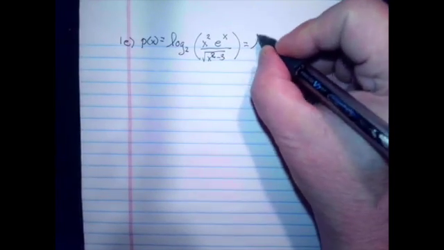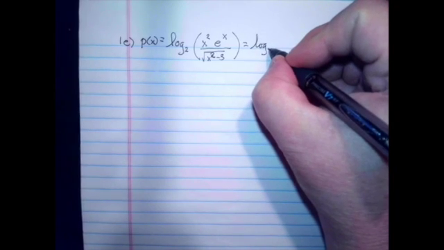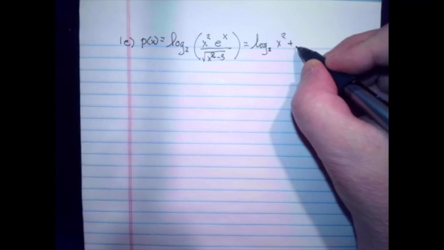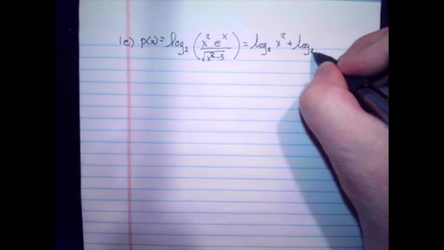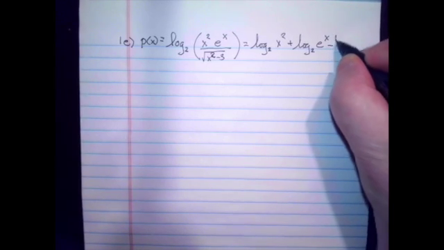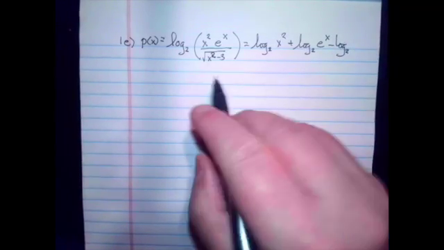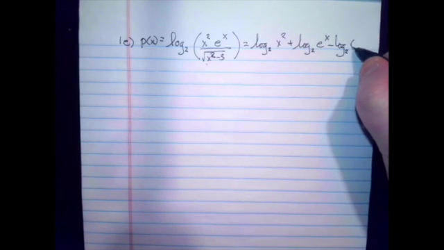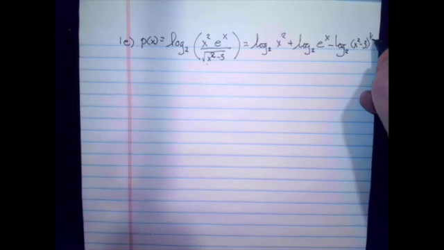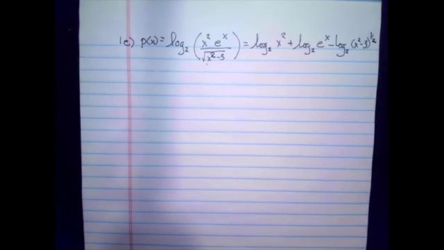So let's write this as the log base 2 of x squared plus the log base 2 of e to the x minus the log base 2 of the square root of x squared minus 3. But I'm going to rewrite that as x squared minus 3 to the 1/2 power.